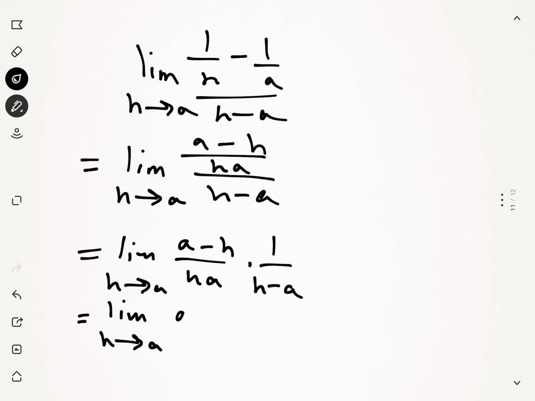So I'm going to keep this the same, but watch what happens when I factor out a minus sign. First, let's reverse this around and see something here. Now we have the a's lined up and the h's lined up, but the signs are reversed.